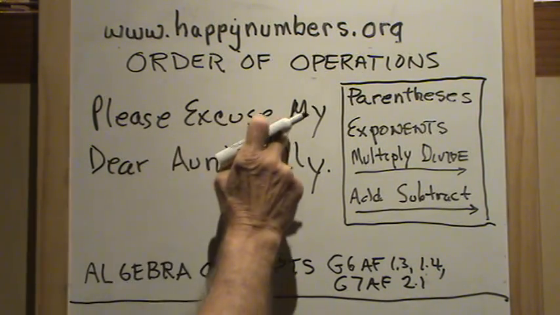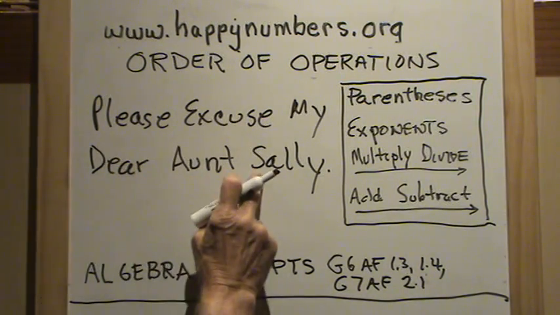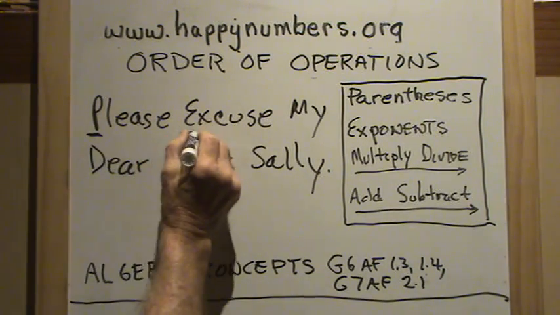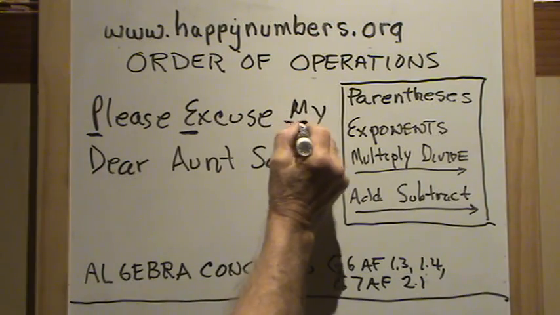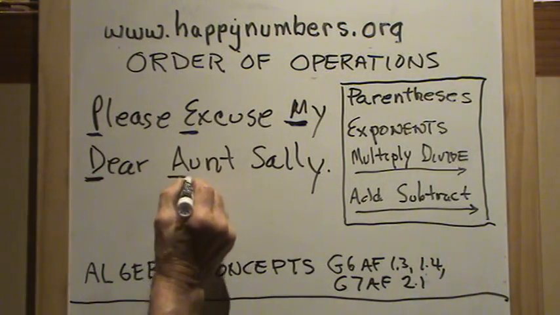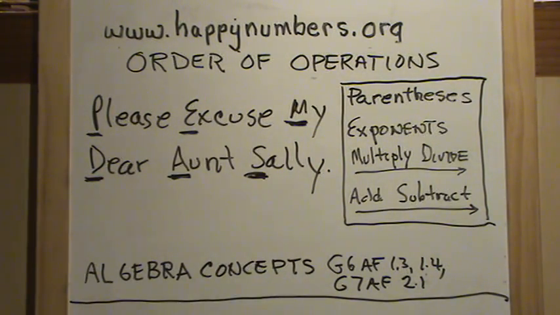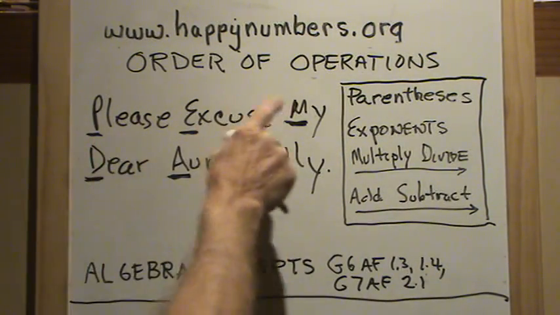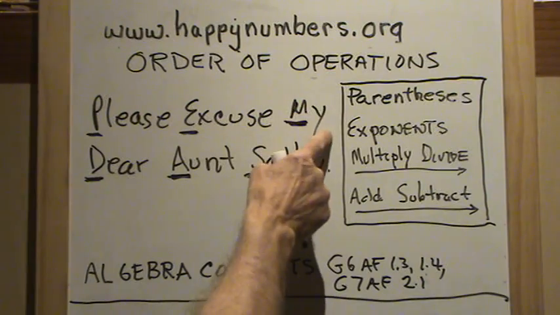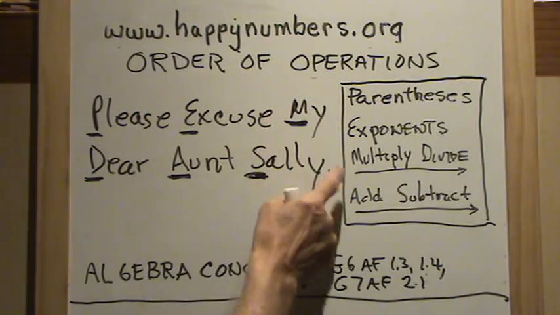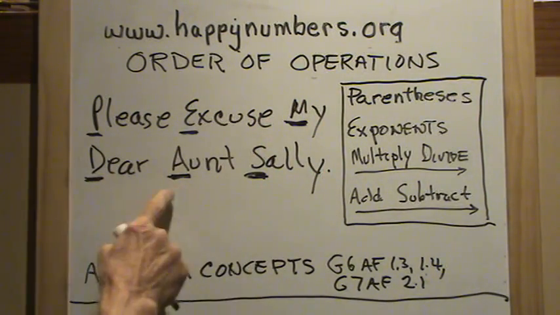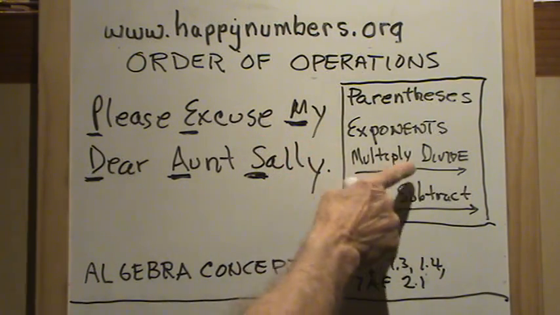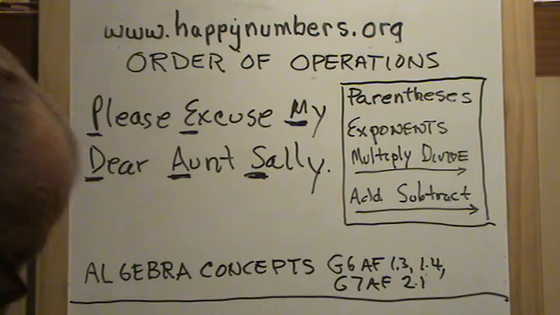Please excuse my dear Aunt Sally. Parentheses, exponents, multiplication, division, addition, subtraction. When I was young, that's how I remembered that sentence so I would know the order of operations. Please excuse my dear Aunt Sally. Parentheses, exponents, multiplication, division, addition, subtraction.